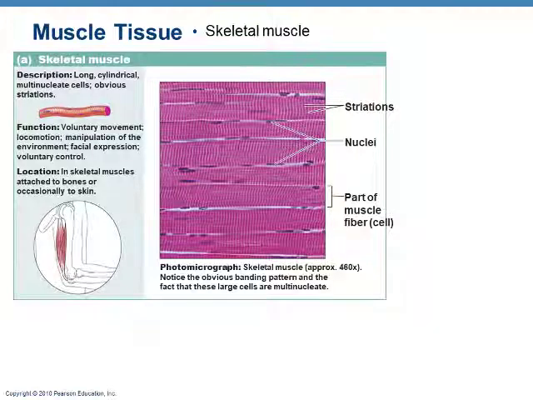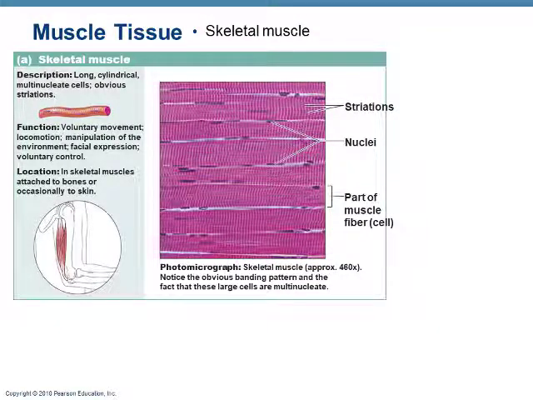Number two, inside the fibers you'll see striations, clear striations, lines like this. In each fiber you have many nuclei like this, multiple nuclei, but nuclei are not in the center of the fiber, attached to the membrane.